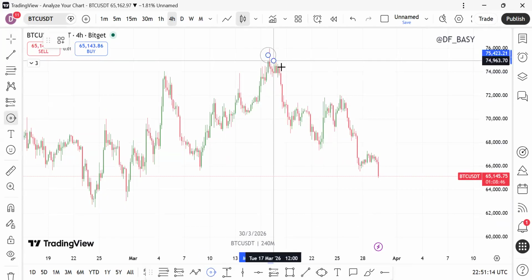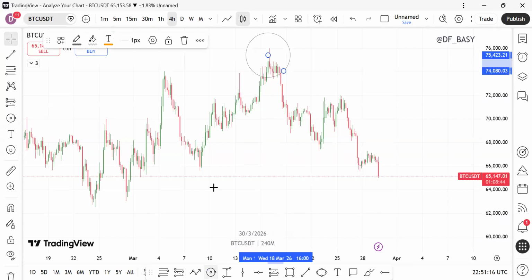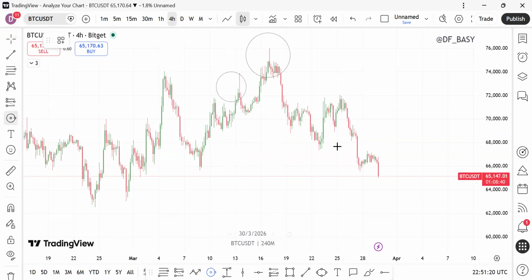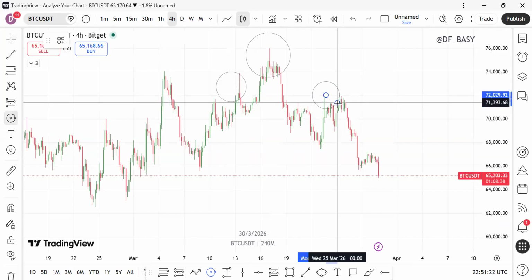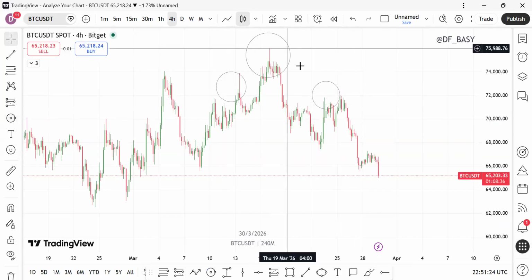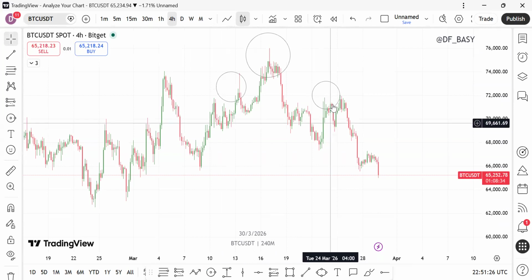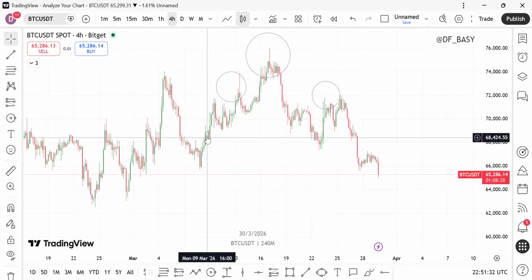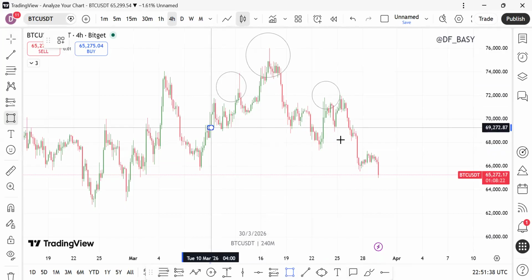This is the head, and this is the shoulder. This is the shoulder. Can you see how beautiful it is? Head and shoulder pattern. Beautiful head and shoulder pattern. What would I take as my neckline? This will be my neckline. I'll use here as my neckline.